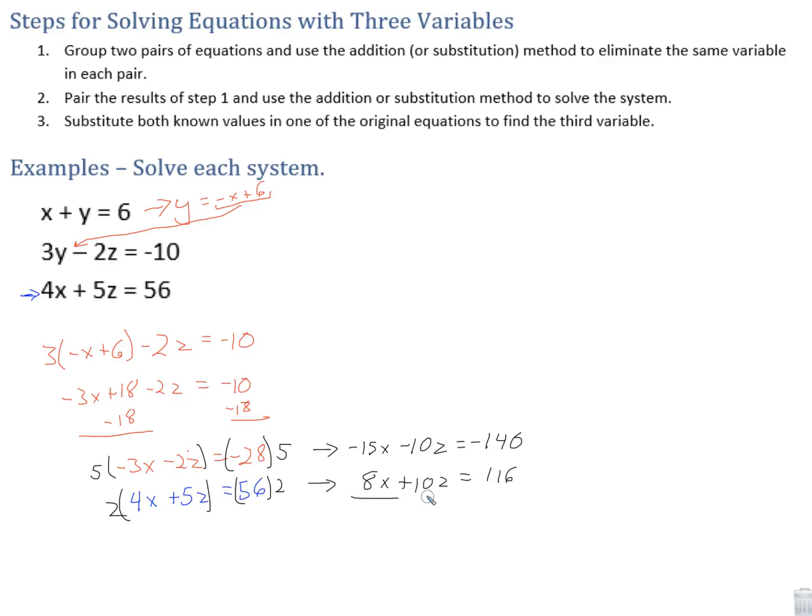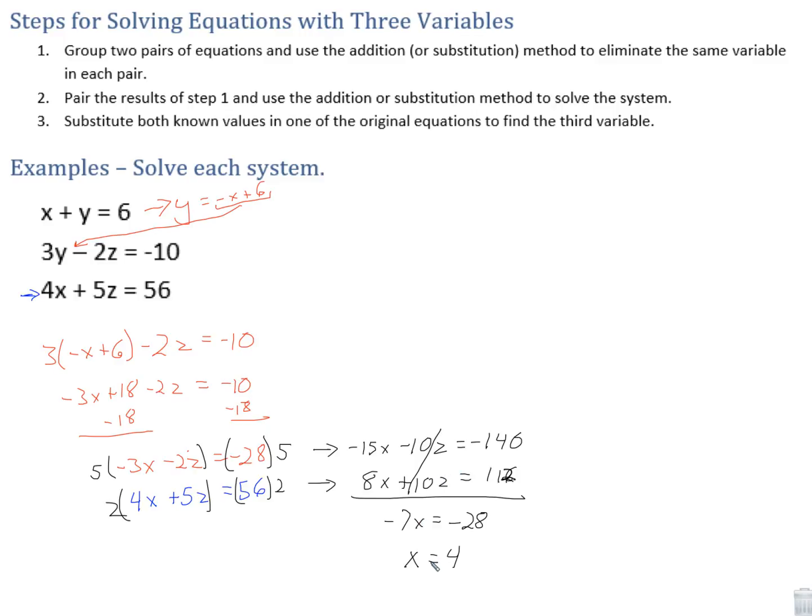And we did that so we could eliminate the z's. So those eliminate. We get negative 7x, negative 140 and 112. Negative 140 and 112 is negative 28. Divide both sides by negative 7, and we get x equals 4.